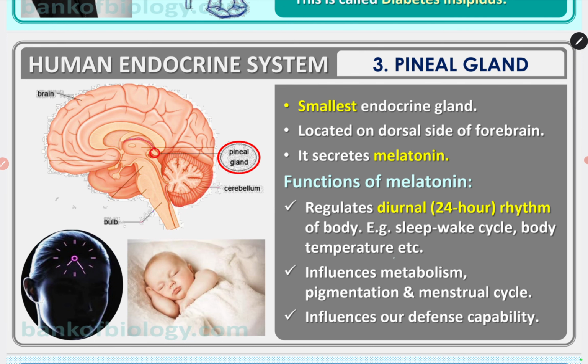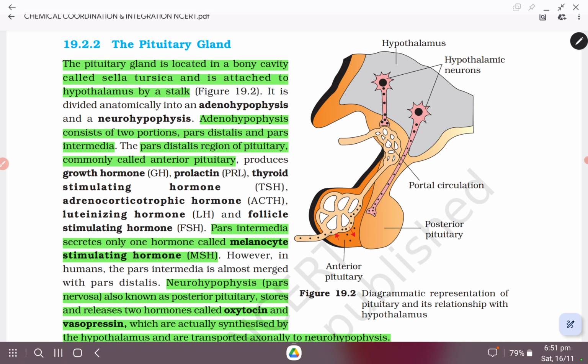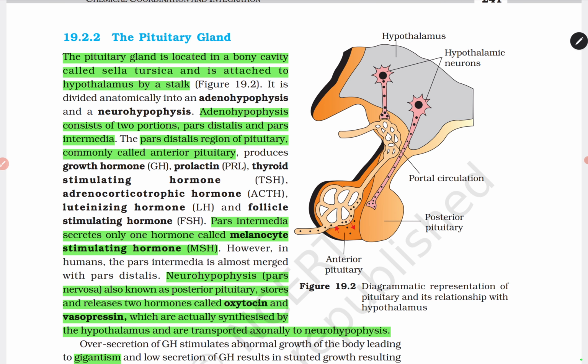Third is pineal gland. Before we start pineal gland, let's see what NCERT says. See this. It is located in the bony cavity called sella turcica and it attaches to the hypothalamus by a stalk. It is divided anatomically into an adenohypophysis and a neurohypophysis, two portions, anterior pituitary and posterior pituitary. Adenohypophysis consists of two portions, pars distalis and pars intermedia.